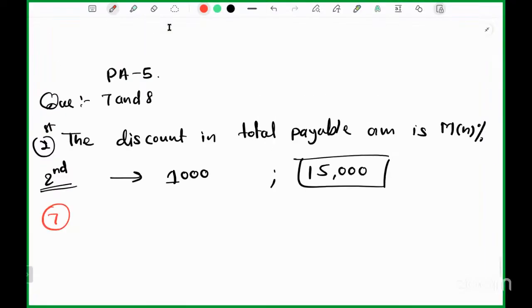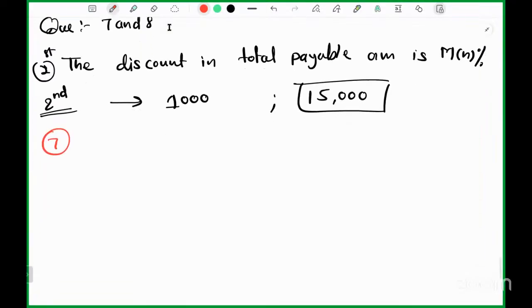Okay. So first thing is without any offer, the payable amount is 15,000, right? So 15,000 is the amount without any offer. Now here we will use the offer.